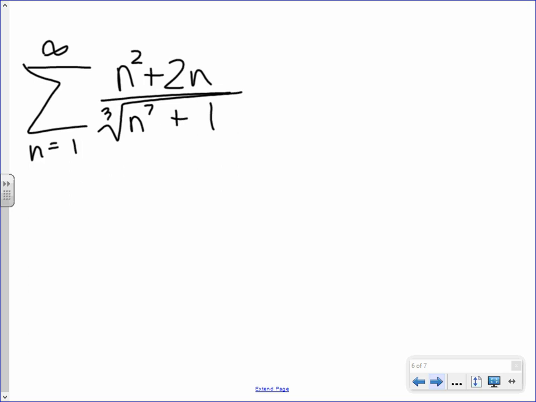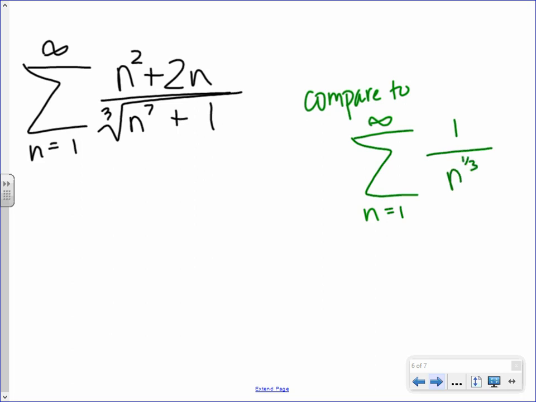But what could we compare it to? You're saying 1 over n to the 1/3? Yes. Essentially we have n squared over n to the 7/3. Reducing that, you would compare to 1 over n to the 1/3, which is a divergent p-series, and when you take the limit, as long as you get a positive finite number, this will also diverge.